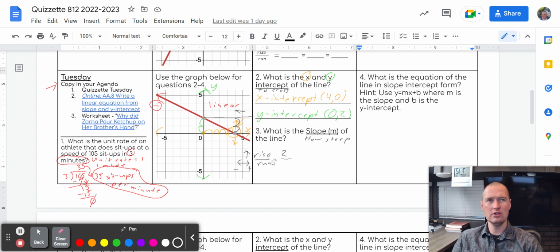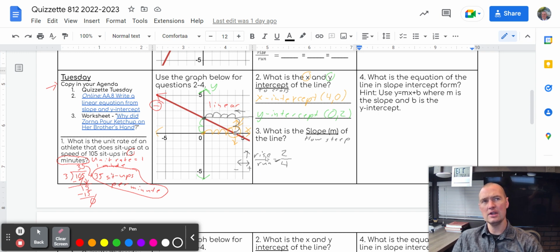Because I'm going to count to the left, our fraction will become negative because the run is counting to the left. So I need to count to the left a total of 1, a total of 2, 3. I'm almost there. Bam, I hit the y-intercept right there at negative 4.